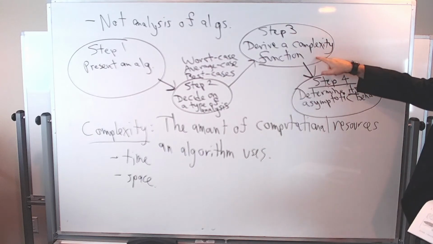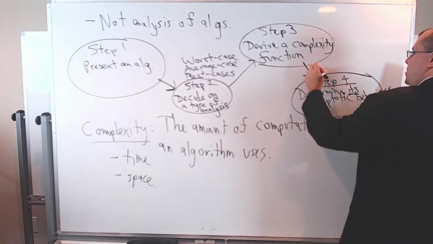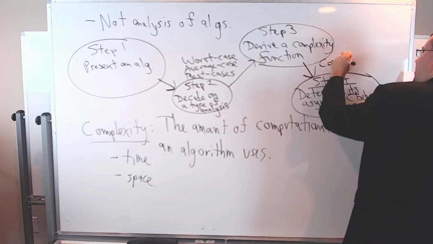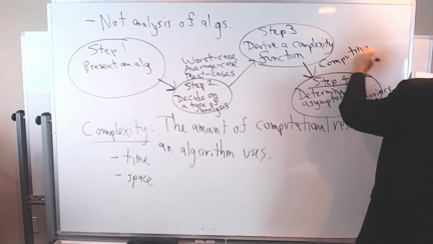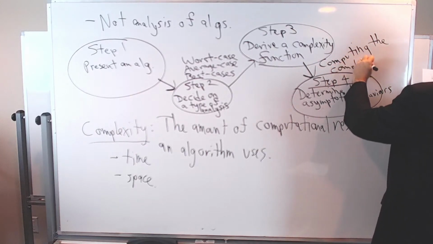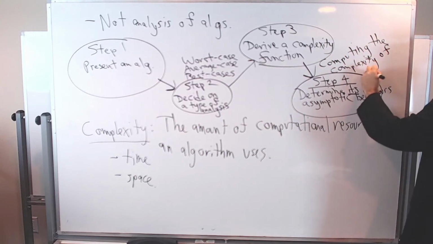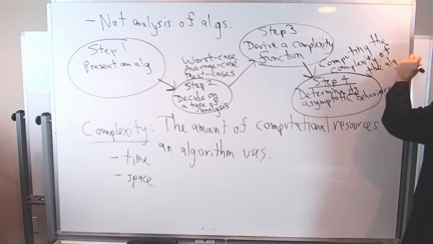I'm referring to the complexity function. And once you derive this, it's normally talked about as computing the complexity of the algorithm.